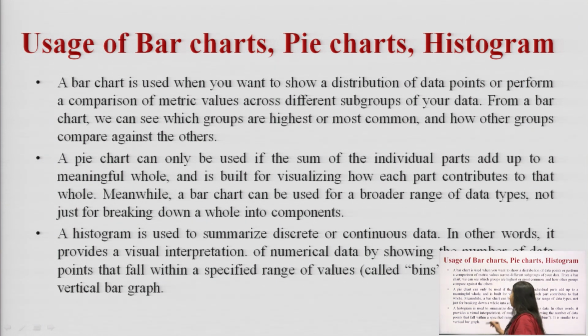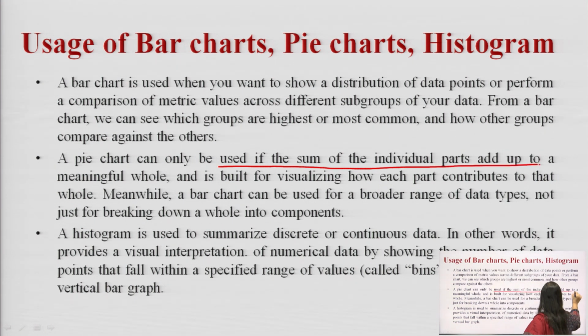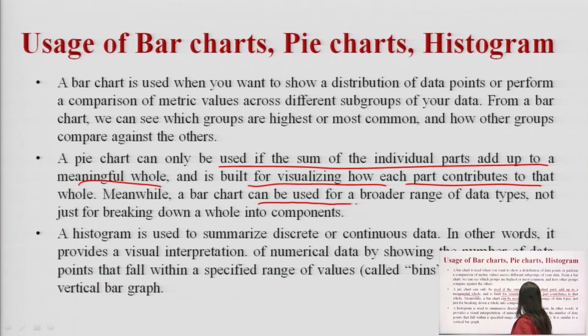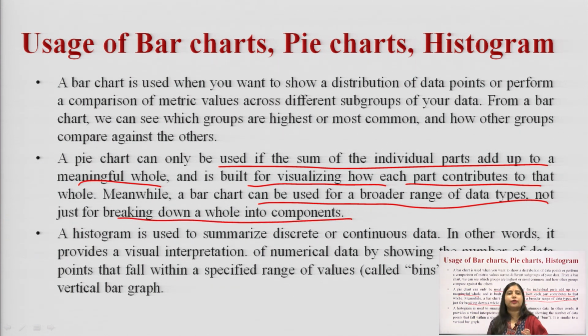We use a pie chart when we can sum up the individual parts to add up to a meaningful whole, and it is built to show how each part contributes to the whole. Meanwhile, the bar chart can be used for a broader range of data types and not just breaking down into components. So the pie chart just shows the percentage of every section, but the bar graph will give you more information.